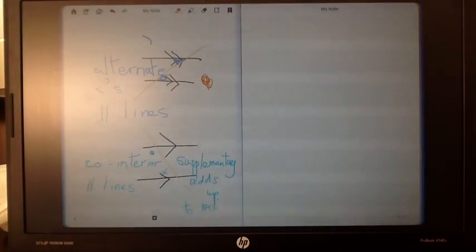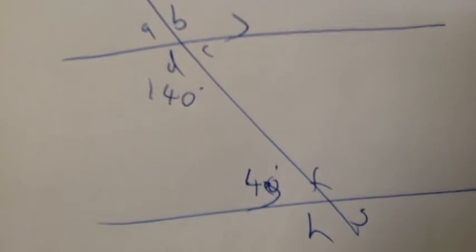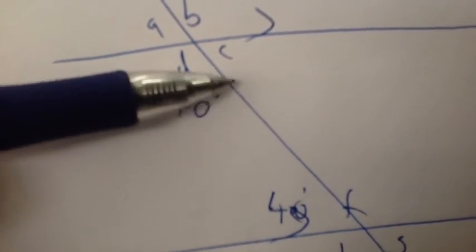So you'd have this picture. So D is 140 and the other angle is 40. Now the other co-interior angles here, C and F, will add up to 180.